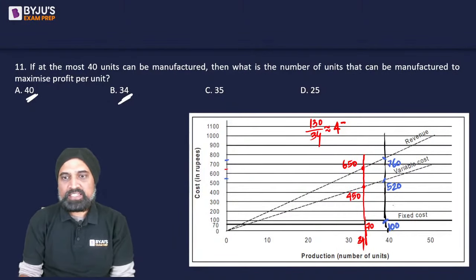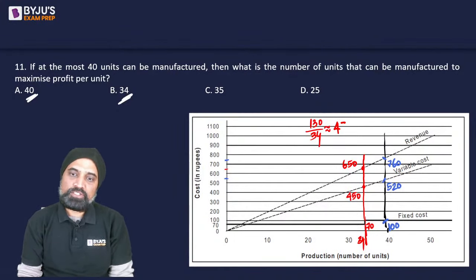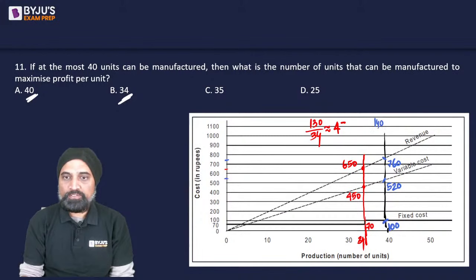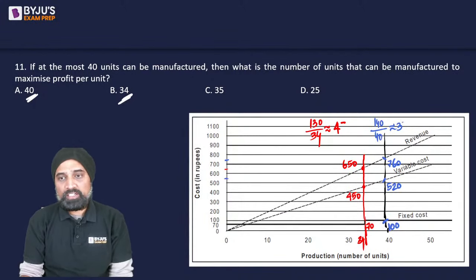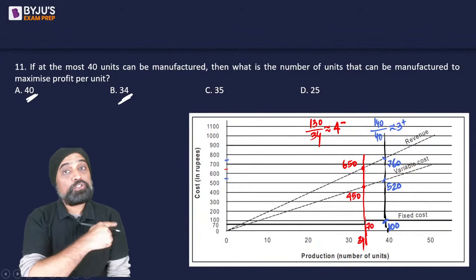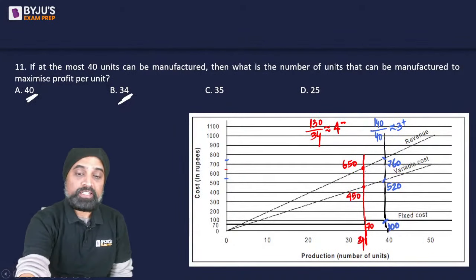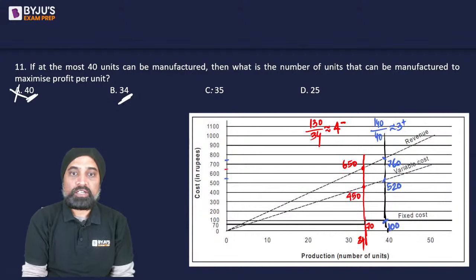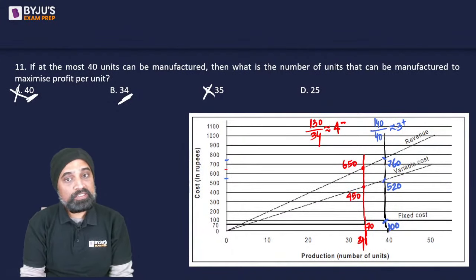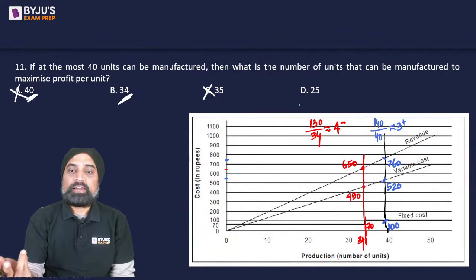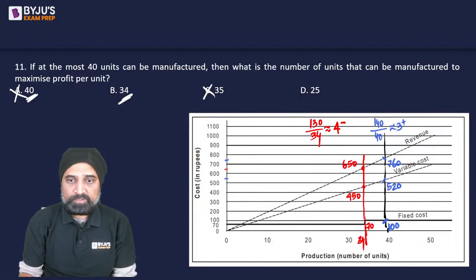So this is 760 minus 520 minus 100. So 620 and 760, so this is 140, but there is 40. So this is approximately going to be 3, a little more than 3. And that was almost 4. So 40 doesn't make sense. It decreased. Let's check for 25 once.